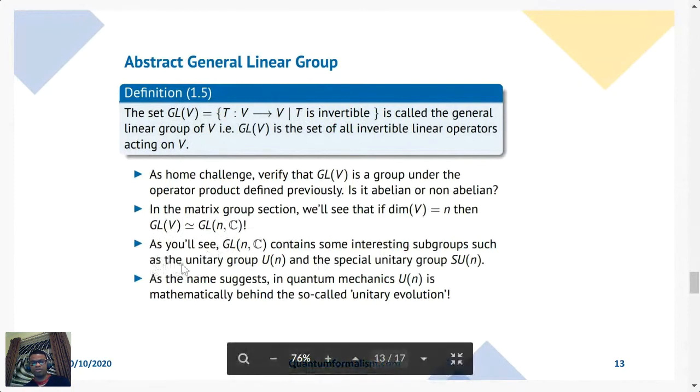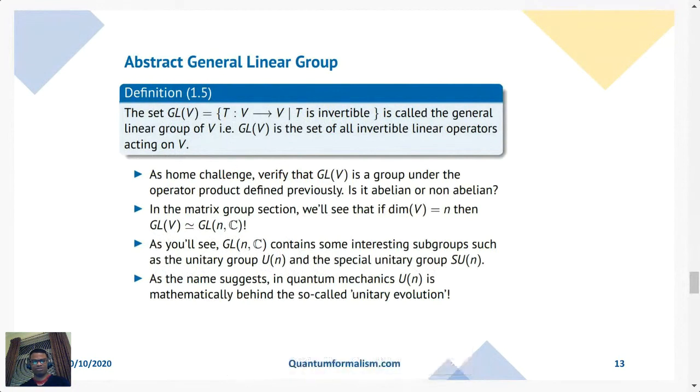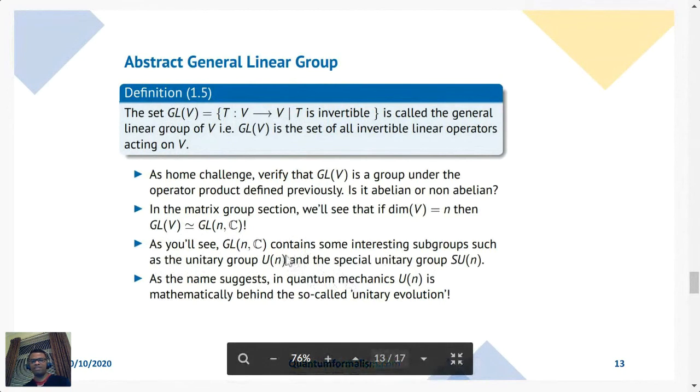In the matrix group section, we will deal with the unitary groups and a subgroup of it called the special unitary group. These are very important groups in quantum mechanics. So U(n) is a subgroup of this, and the special unitary group is a subgroup of that. I'm just giving you some excitement as opposed to diving deep into them for now, because we haven't really defined what a unitary operator is.